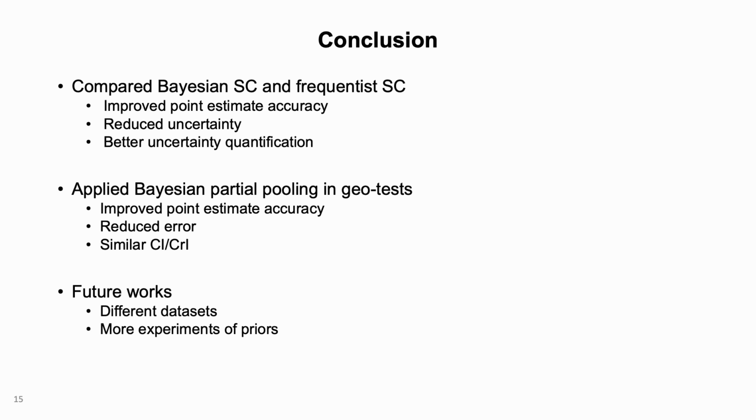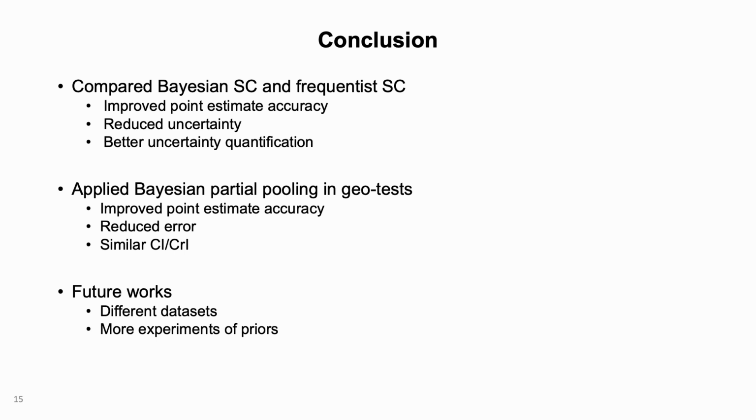In the second part, we applied Bayesian partial pooling, or multilevel modeling, in multiple geo-tests and found that it can improve the point estimate accuracy from the unpooled results and also has reduced error. In terms of the credible intervals or confidence intervals, they share similar results based on our synthetic data.